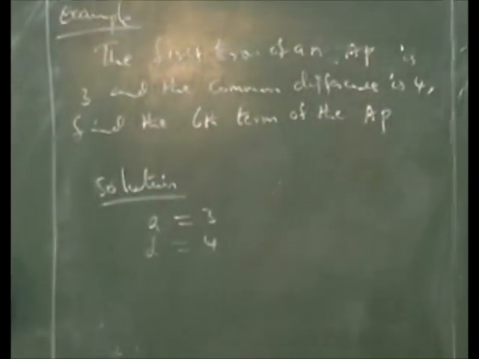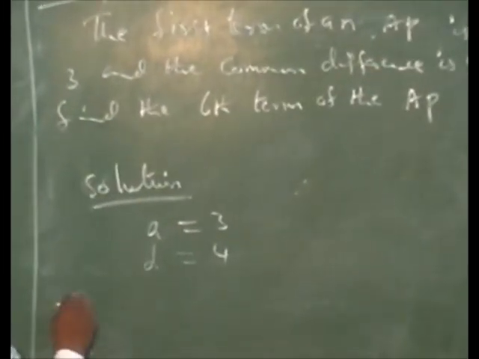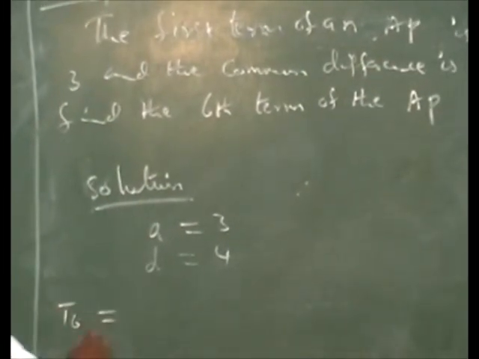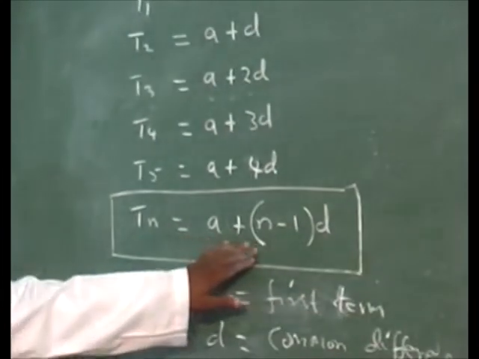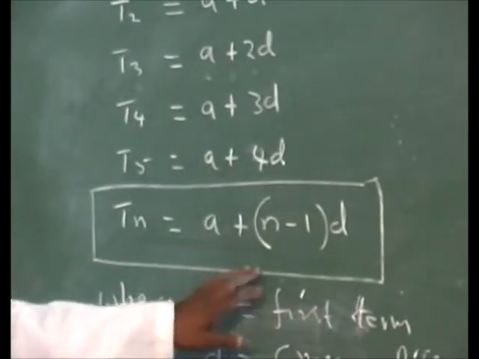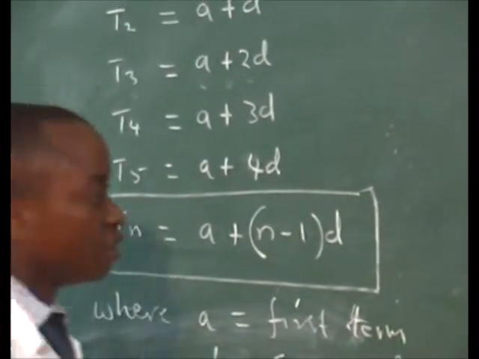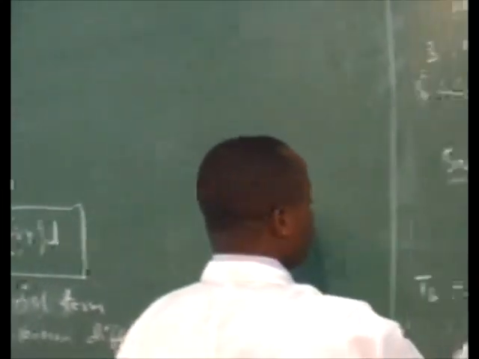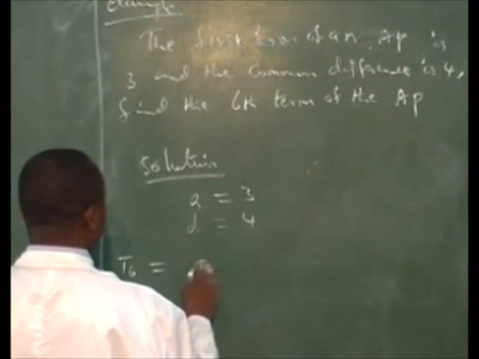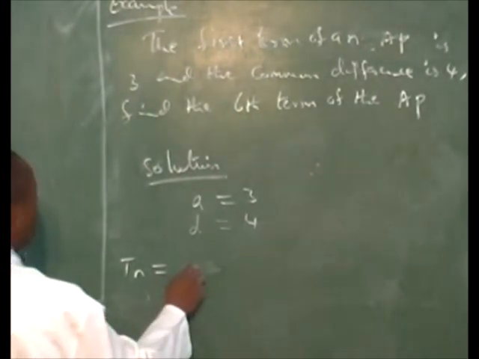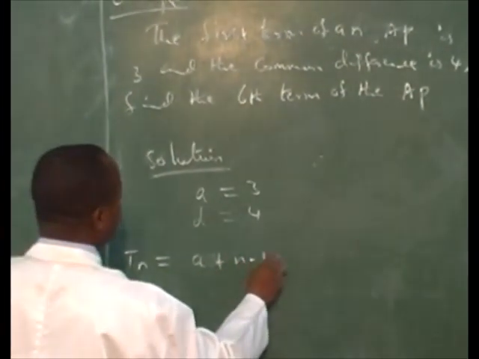We are asked to find the sixth term, which is T6, and we know from our formula, the nth term of an AP, that Tn is equal to A plus n minus 1 times d.